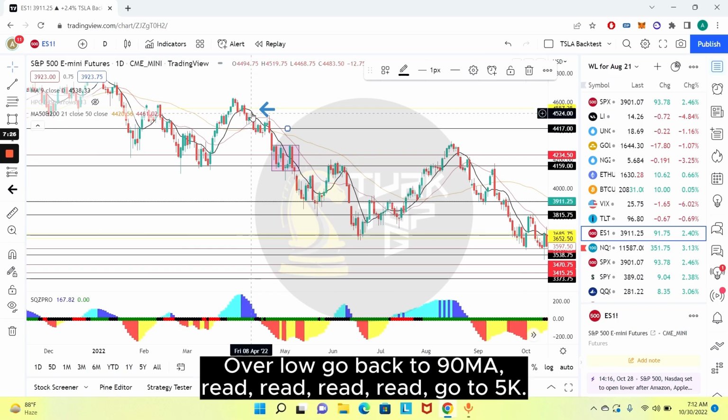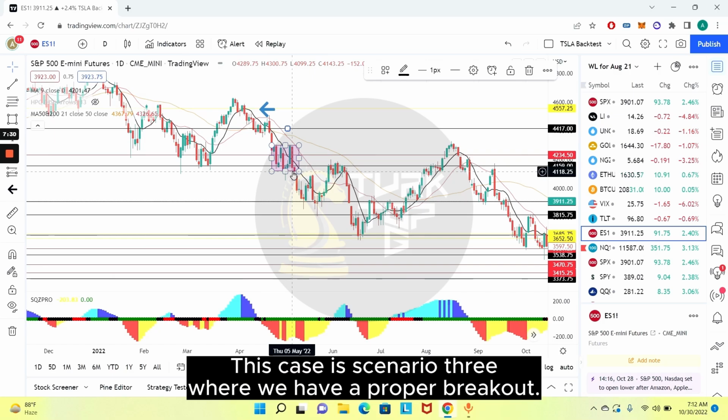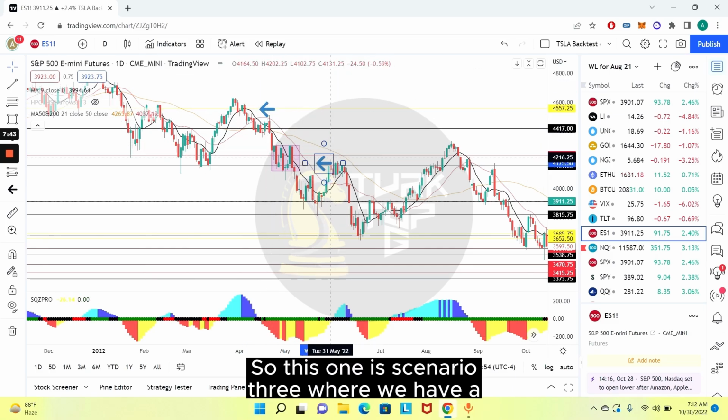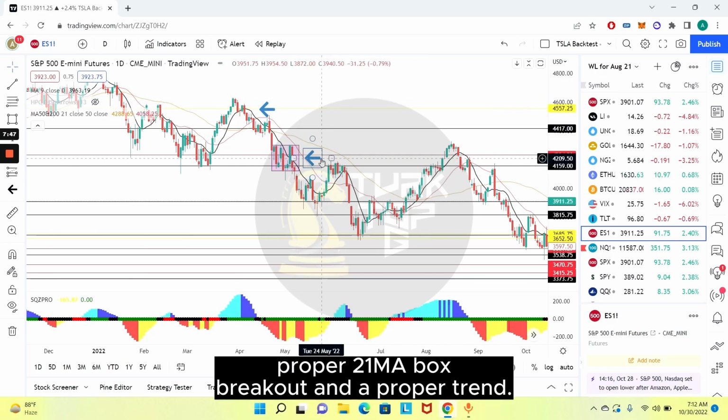Lower low, go back to 9 MA, we reject, go to 50 MA. This case is scenario 3, where we have a proper breakout. Here. So this one is scenario 3, where we have a proper 21 MA box breakout and a proper trend.